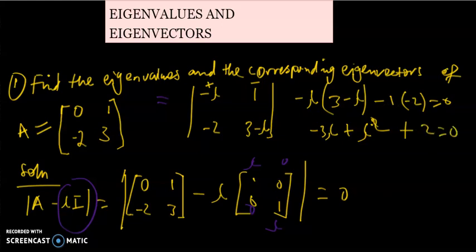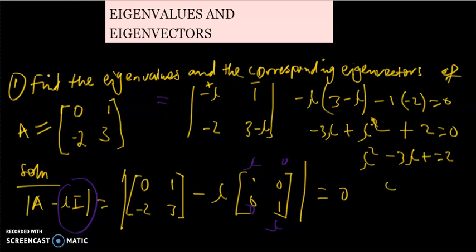So now, solving for lambda, but before then let's try to rewrite this. We simply have lambda squared minus 3 lambda plus 2 is equal to 0.